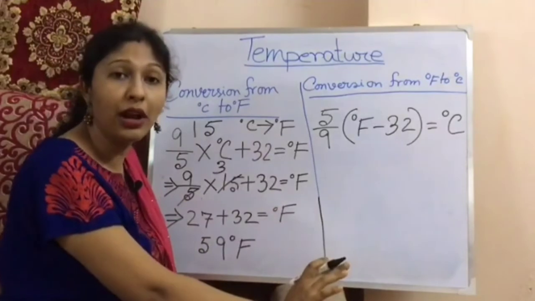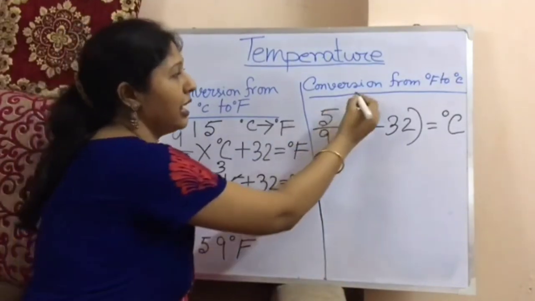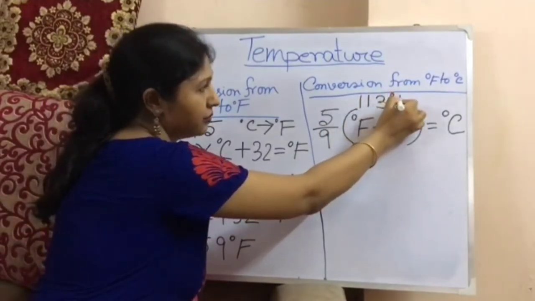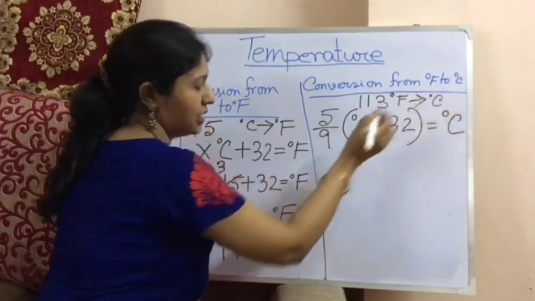I will give one example so that you can understand it easily. I will take 113 Fahrenheit. How will we convert it to centigrade?